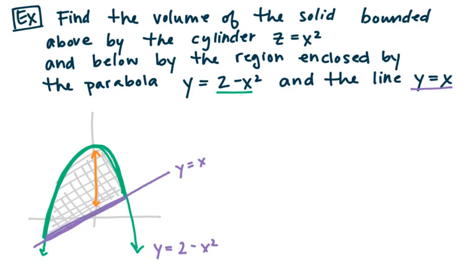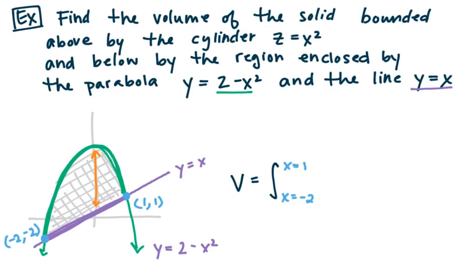So if we were to set this volume up, my x values are going from this point of intersection on the left to the point of intersection on the right. If we calculated those points, we would get -2, as well as 1, 1. So my x goes from -2 to x equals 1.